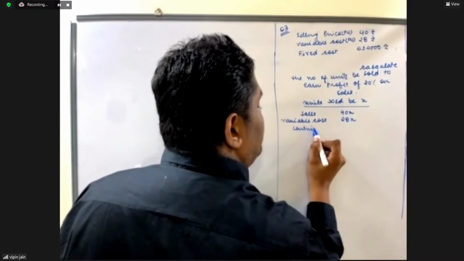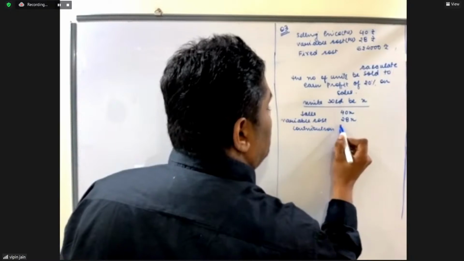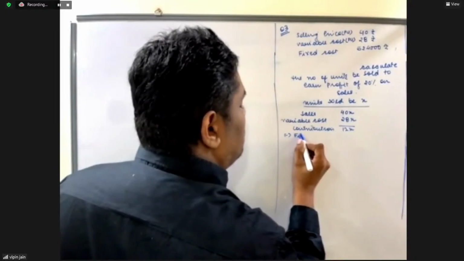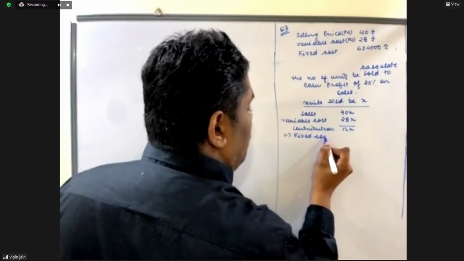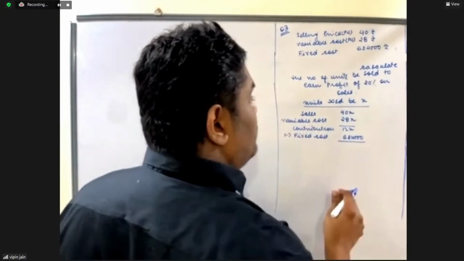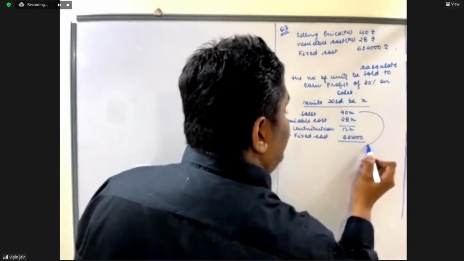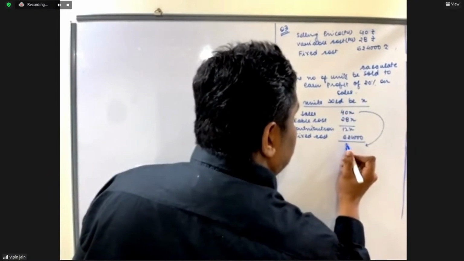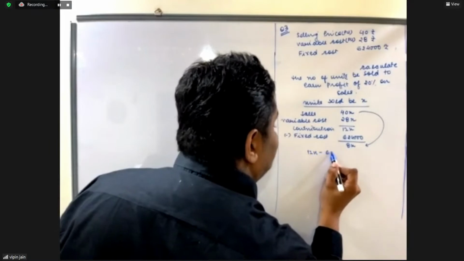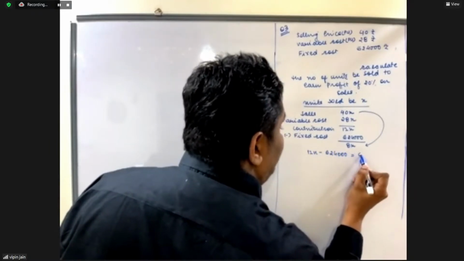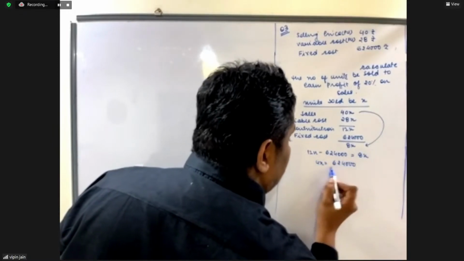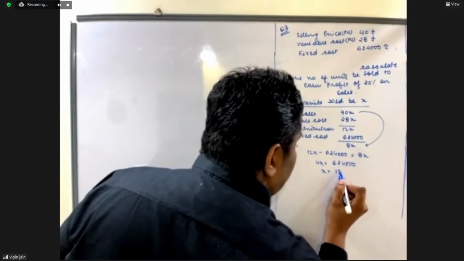Therefore, my contribution will be 12X minus my fixed cost, which is 6,24,000. So my profit is 20% of sales, that is 20% of 40X, that is 8X. So in short, 12X minus 6,24,000 should be equal to 8X. So we can say 4X is equal to 6,24,000, or we can say X is equal to 1,56,000.